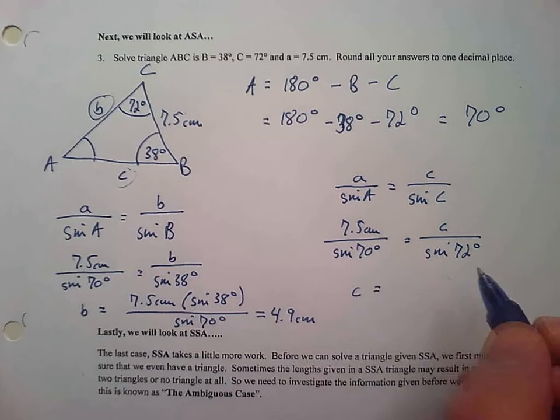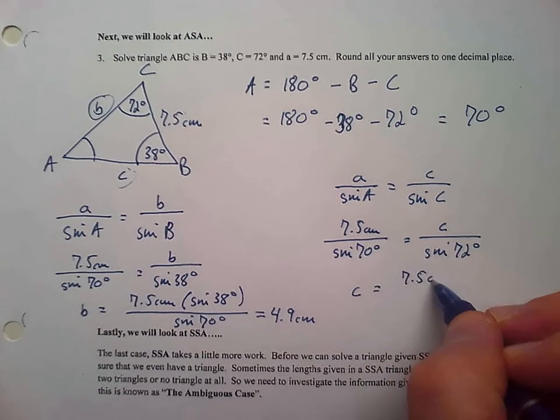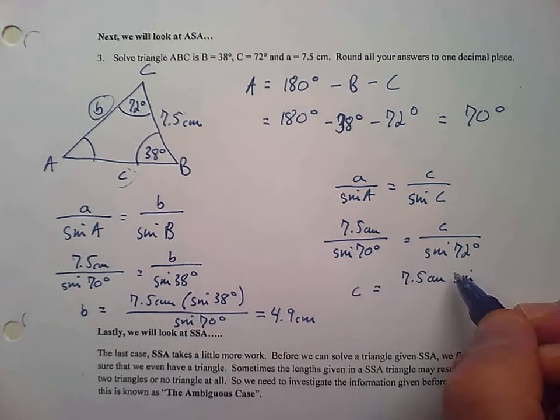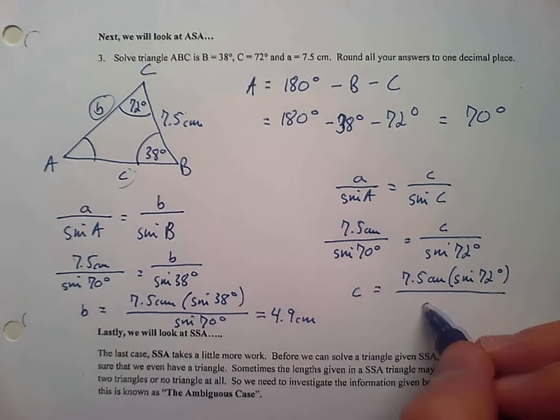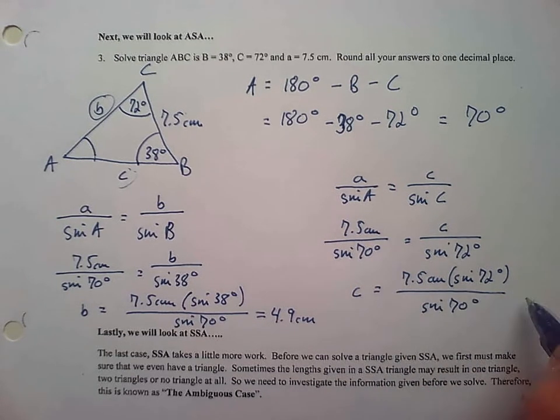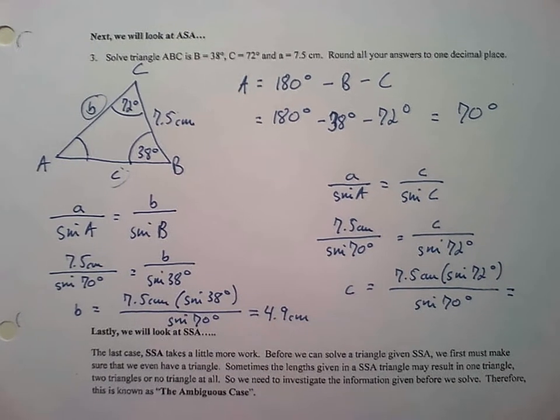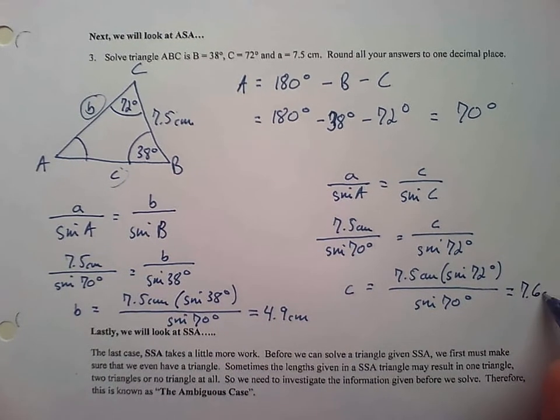Solving for little c, we're going to get that 7.5 centimeters times the sine of 72 degrees divided by the sine of 70 degrees, or that side C is going to be approximately 7.6 centimeters.